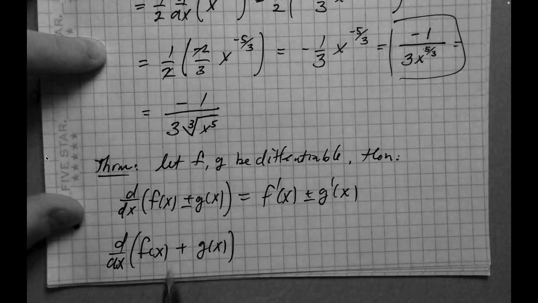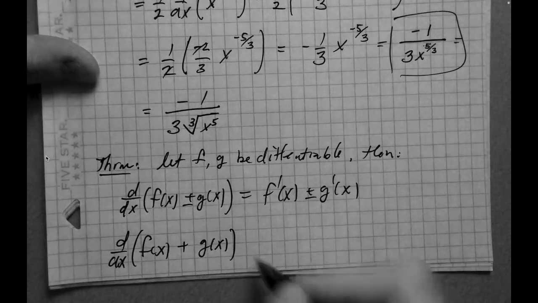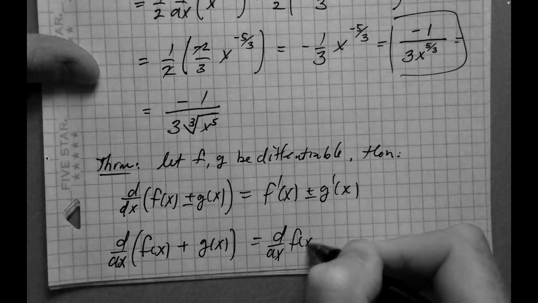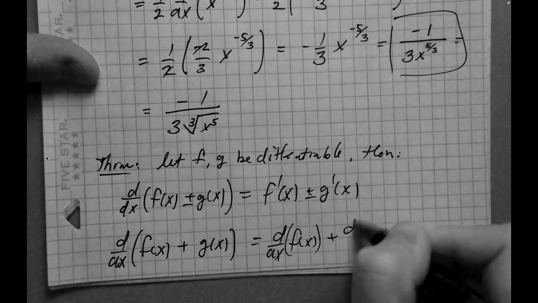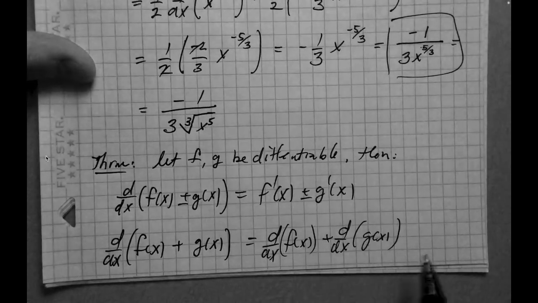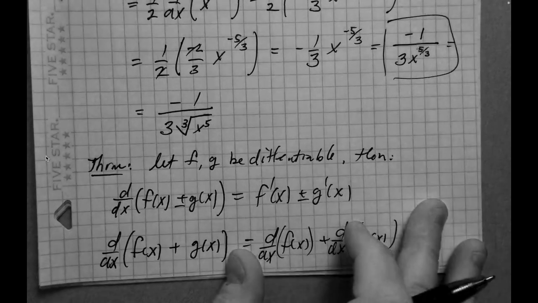If I've got some larger function that can be broken down into the sum of two functions, then it's possible for me to do this. Right, so I can differentiate each of them separately and then add the results together. Okay, and the same thing is true of the difference there.